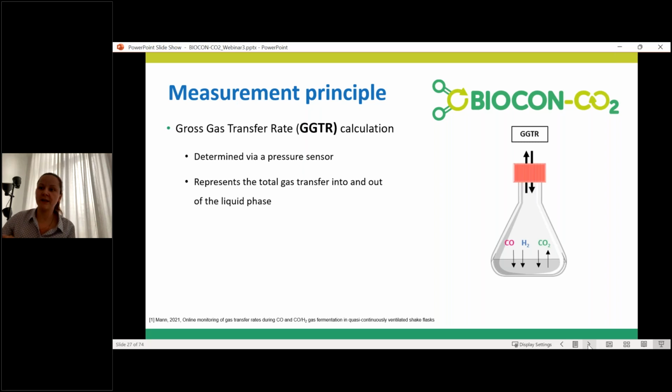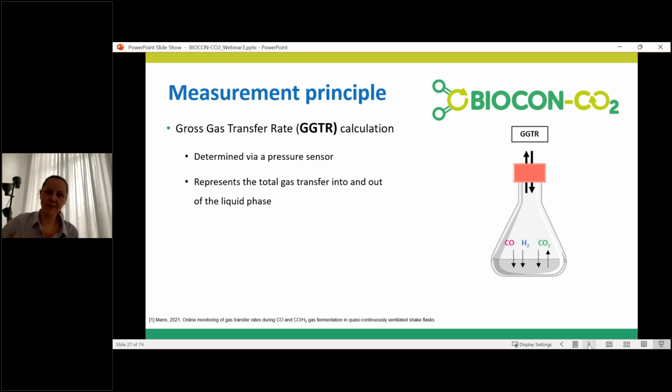If we're looking at aerobic cultivation, everybody knows the oxygen transfer rate, which is basically a measurement of the respiratory activity of our organism, the activity of the organisms. Looking at gas fermentation, these parameters don't exist yet, so we were thinking about another parameter to get insight into our cultivation and how the microorganisms are behaving.